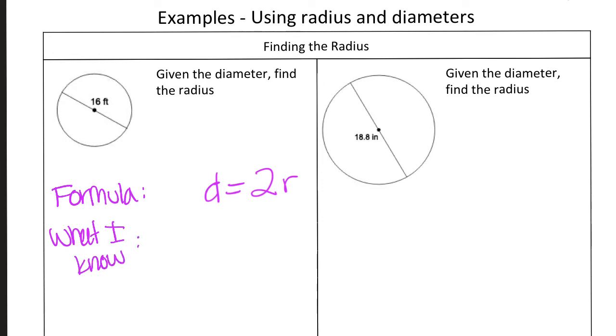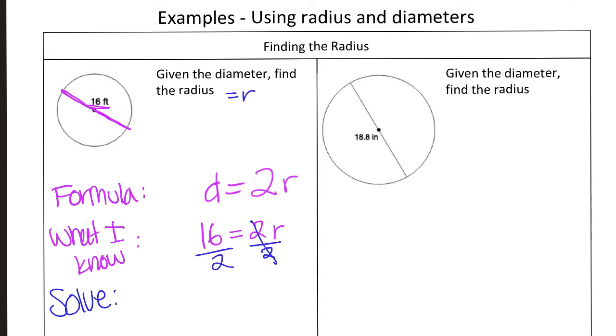Okay, so I know that right here, this distance across the middle is the diameter, and it's 16. So instead of D, I'm going to put 16 equals 2R. And now I'm going to solve. Okay, I want to solve for R. So I'm going to divide by 2, because 2 divided by 2 is 1. That gives me 1R. 16 divided by 2 is 8. So the radius is 8 feet long, which makes sense. If I was going halfway across the circle, it should be 8 if the whole way is 16.